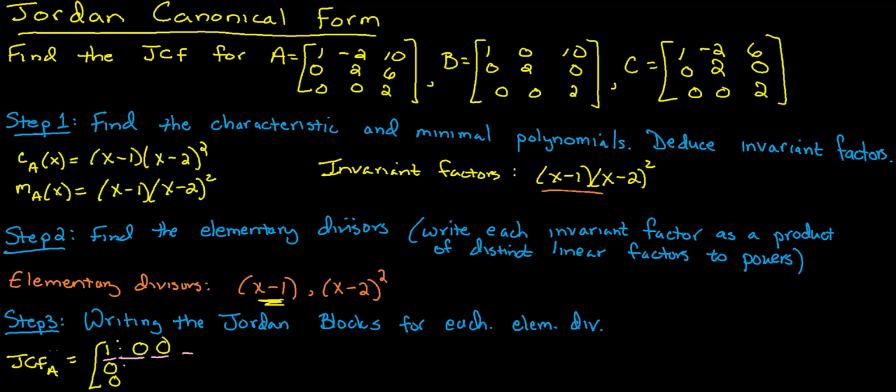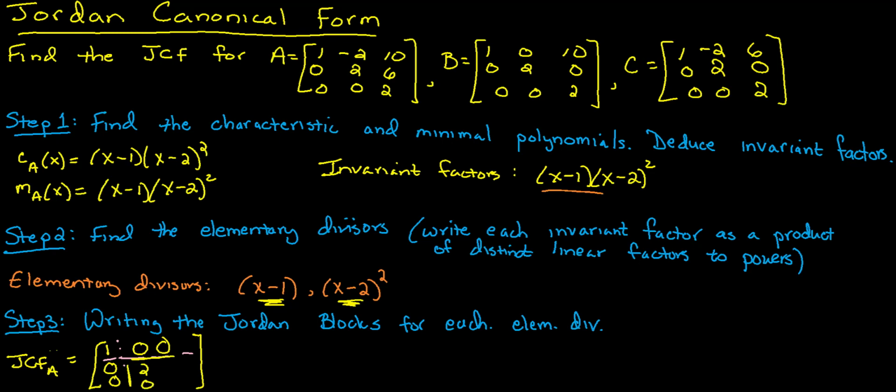The second Jordan block that I'm going to write down is the Jordan block for this elementary divisor, x minus 2 squared. So I have a little 2x2 matrix down here in this lower corner of my 3x3 matrix. And if I start writing the Jordan block there, I'm going to start with 2.